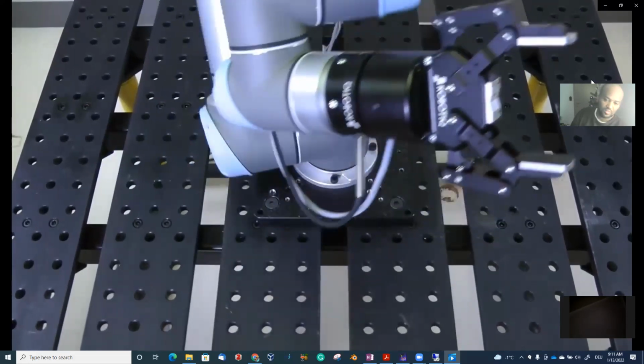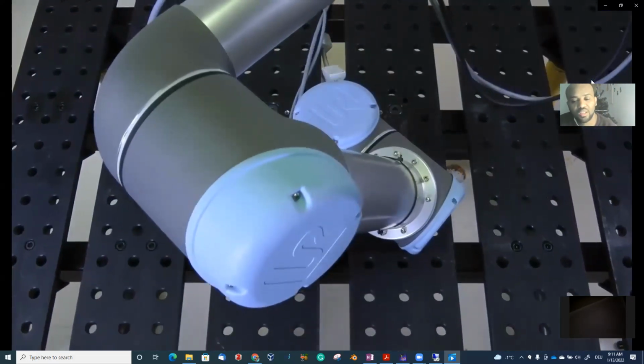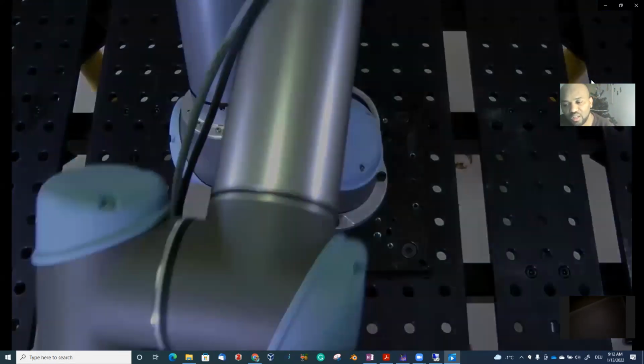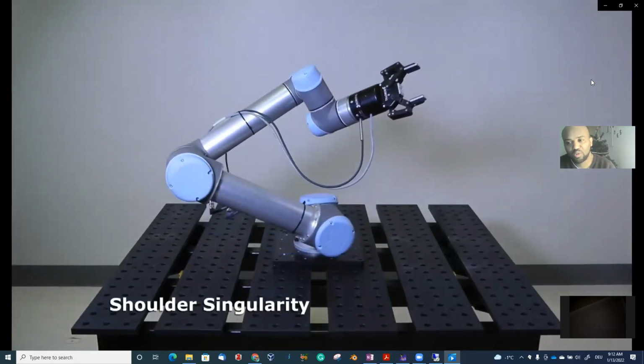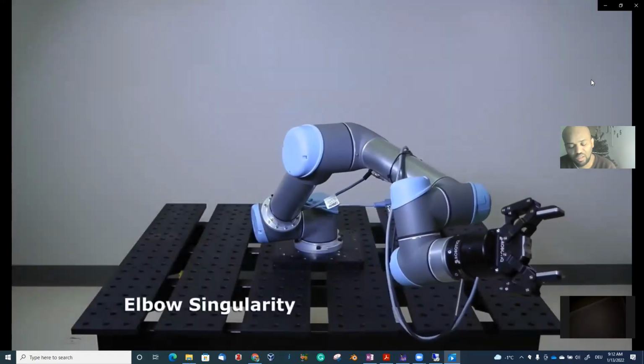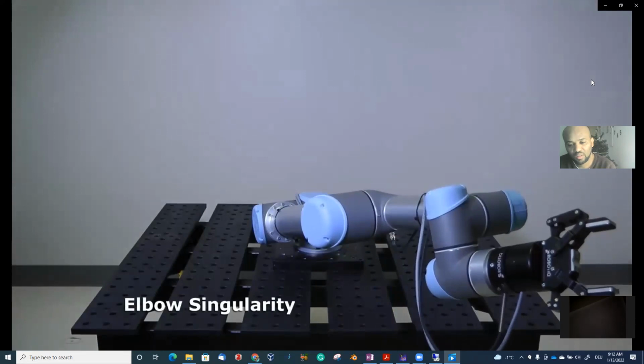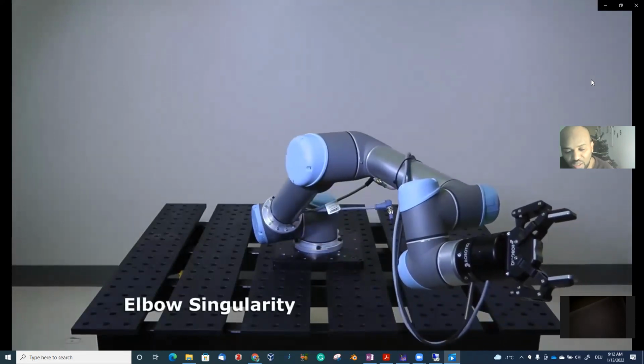I think it all depends on how the programmer programmed the robot, or whether they made mistakes. Yeah, of course it depends on how the programmer programs, but when you program you also have to think about it, because there are solutions to avoid this singularity.